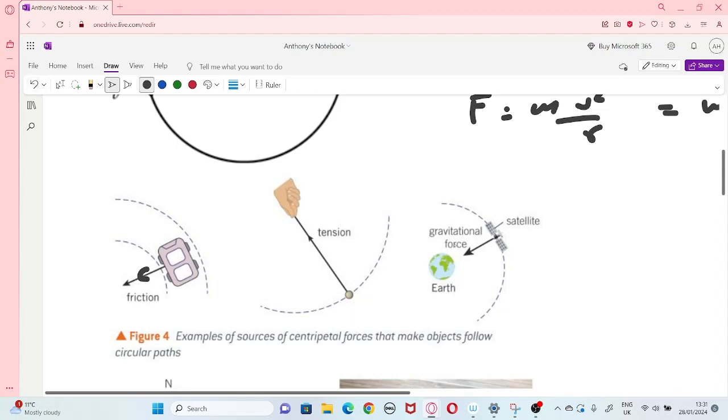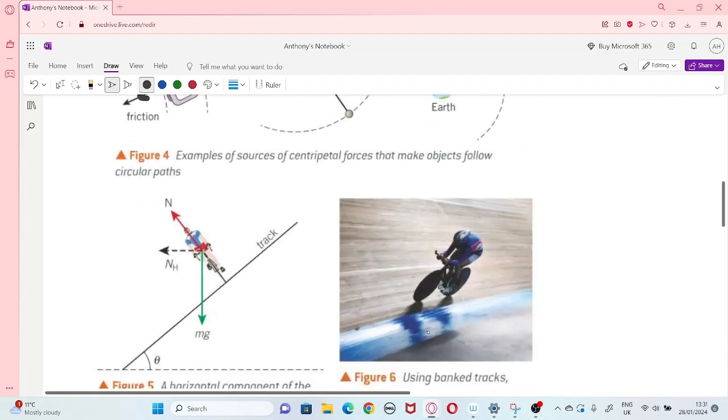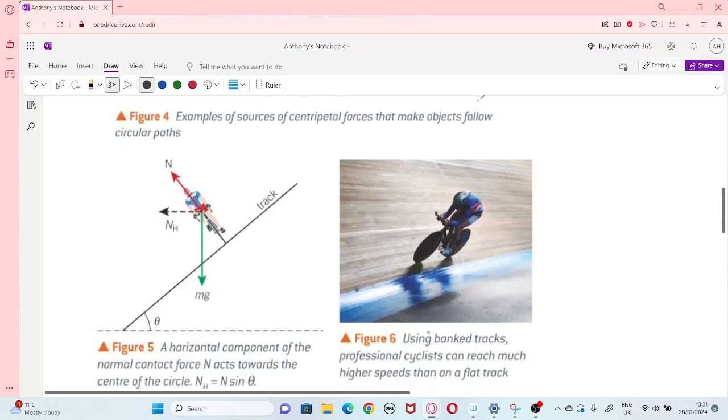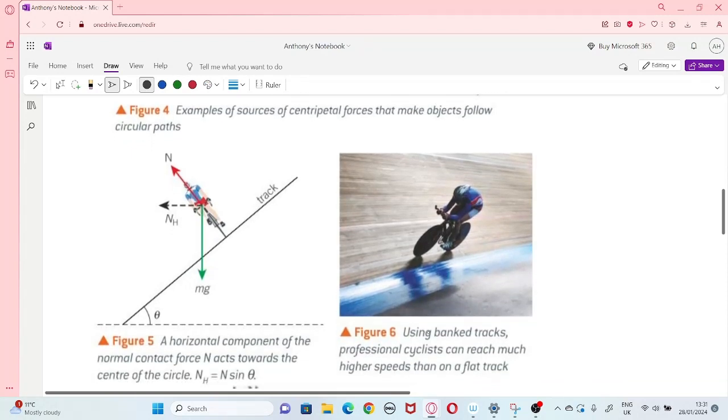The next one is gravitational force and the satellite going towards Earth, but you don't do that much in Further Maths really. Another case could be a banked track for professional cyclists. Since there's little to no friction with these bikes, there's no friction going towards the center. So you may be wondering, what will be the centripetal force?